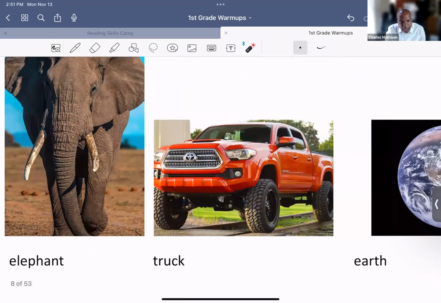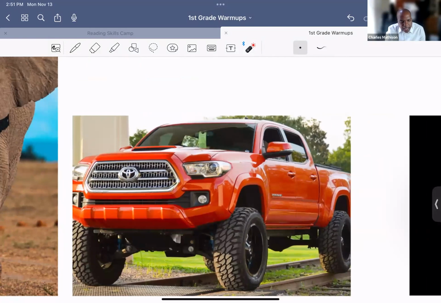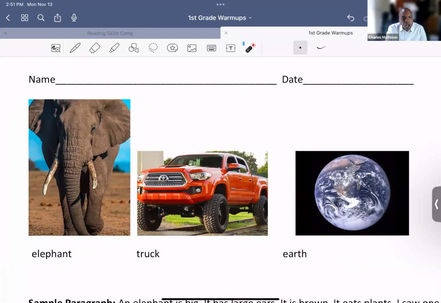Can also say that this truck looks like it's in a parking lot. Looks like it's actually on top of like some train tracks right there. Okay, so these are some of the ways that we can describe pictures.